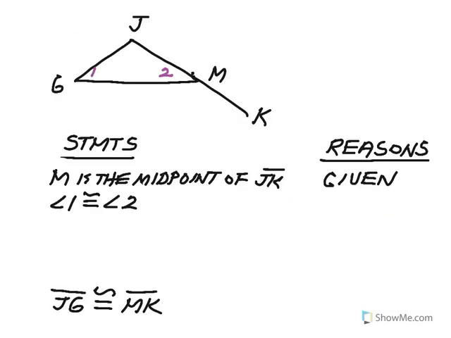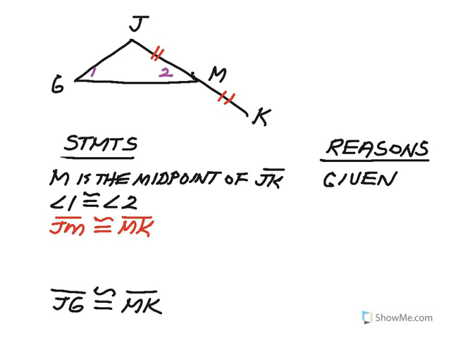Okay, let's look at a simple proof that uses the isosceles triangle theorem concept. First of all, we have a figure where we're told that M is the midpoint of JK. So what that means is that JM, this piece here, is congruent to MK.